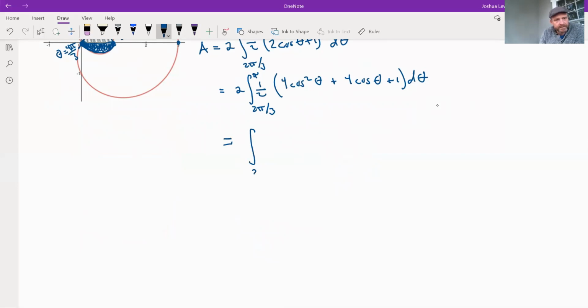So we just have this. So 2 pi thirds to pi, and then 4. But that cosine squared theta, I'm going to write as 1 plus cosine 2 theta all over 2.